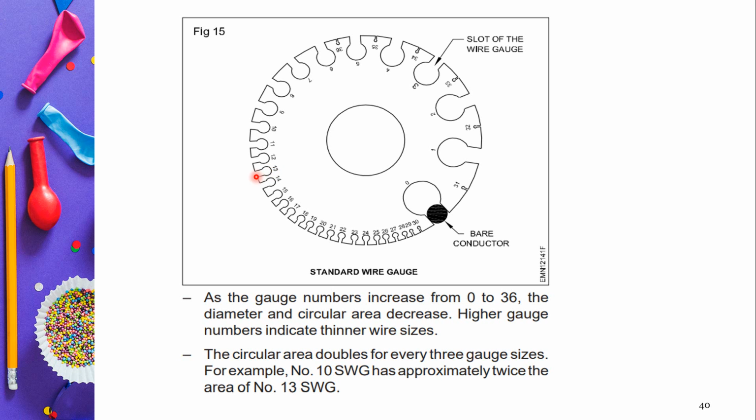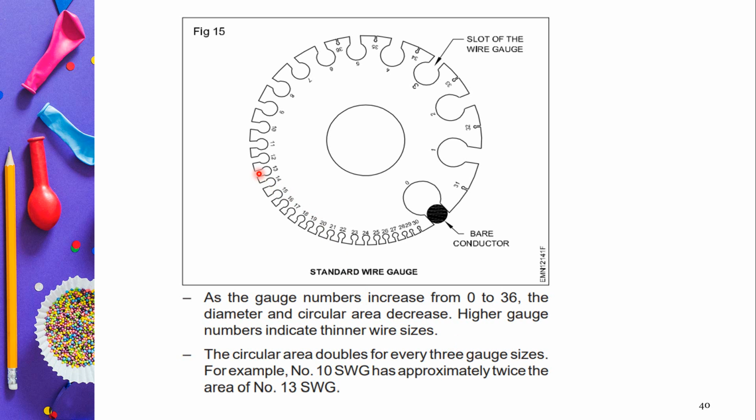Suppose here is 1 SWG, the diameter of 13 SWG is half, 1 by 2. What it is telling is that the circular area doubles for every 3 gauge sizes.